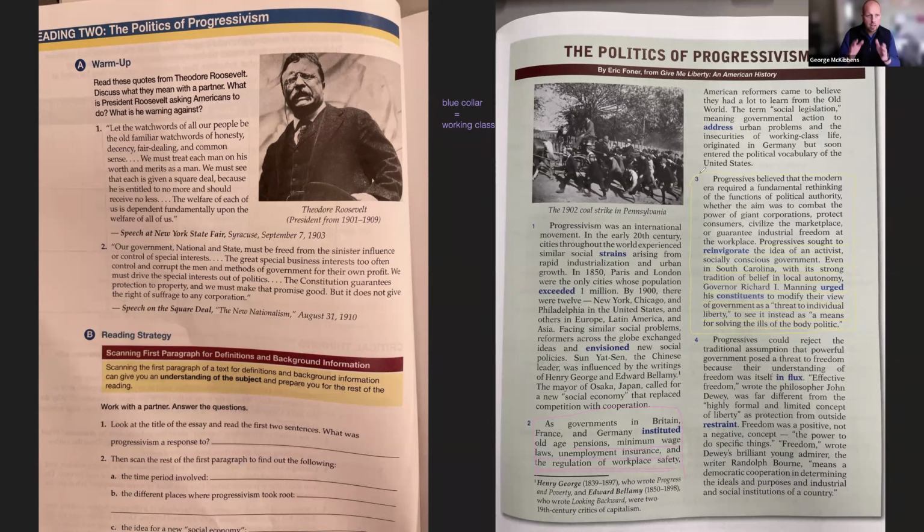So this is an example of people in South Carolina changing their views. It says right here, progressives sought to reinvigorate the idea of an activist, socially conscious government, even though South Carolina has a strong tradition of belief in local autonomy.